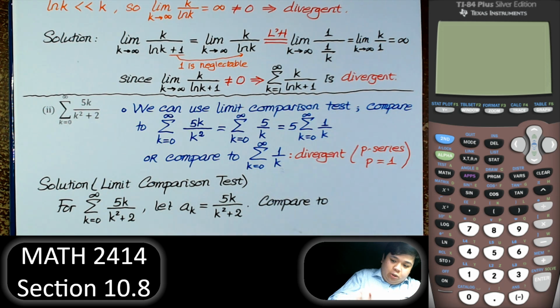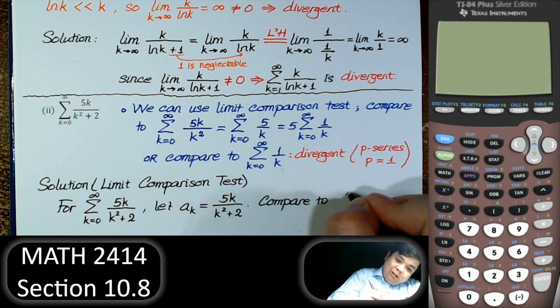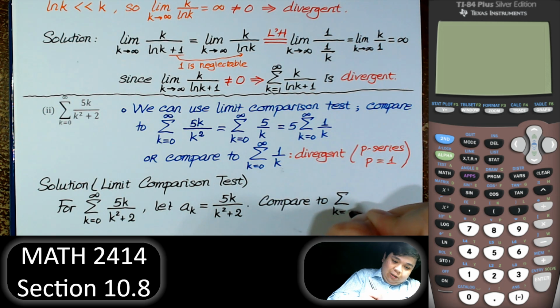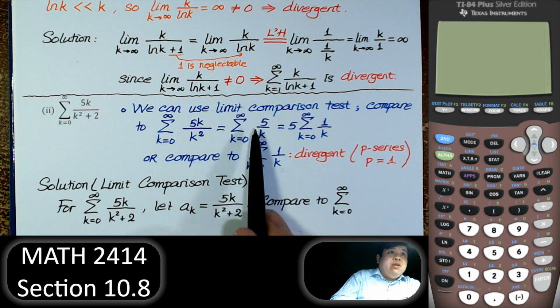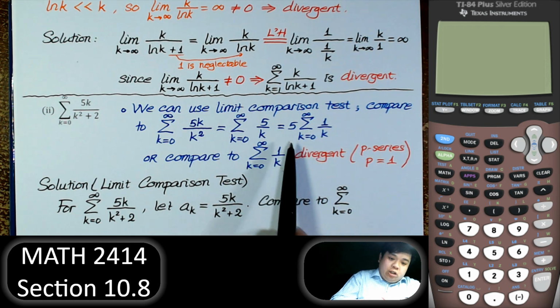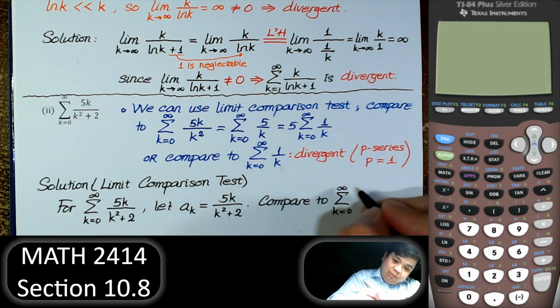We compare to any of this will work, but I'm going to just choose the one without a constant.